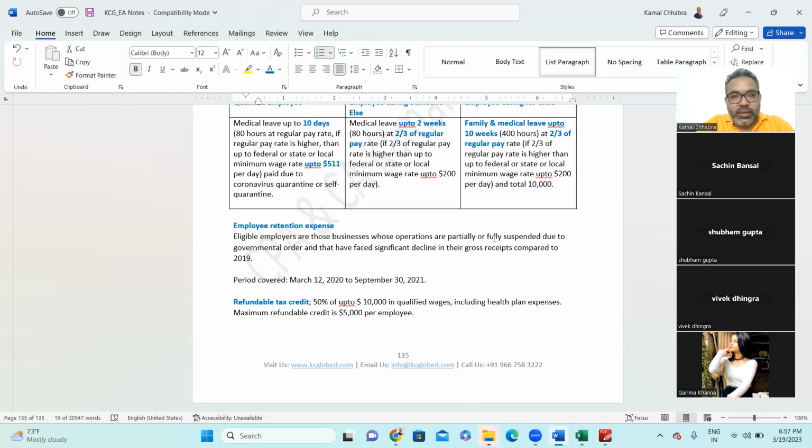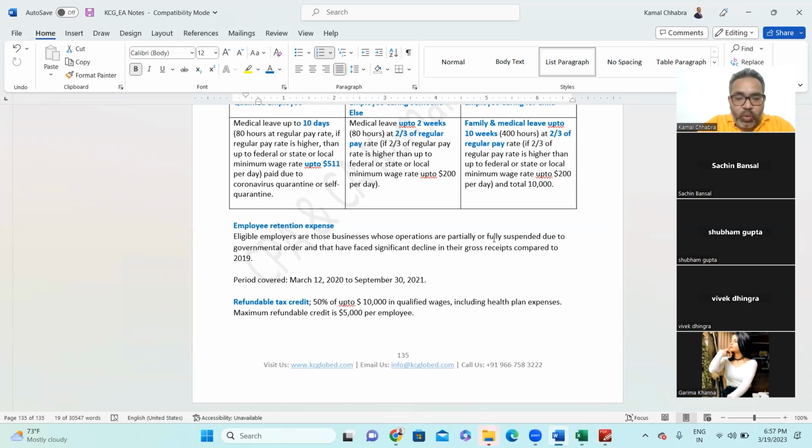So all these businesses that the government asked to stop working during the COVID situation to avoid the coronavirus spread, and their business significantly decreased, right?